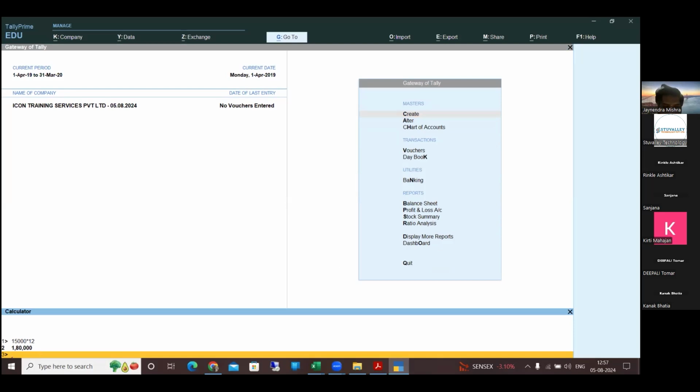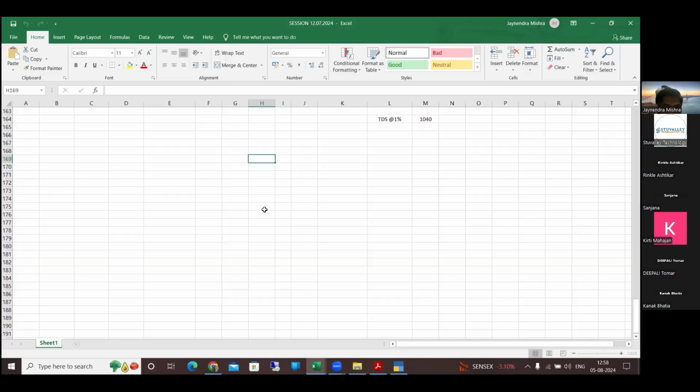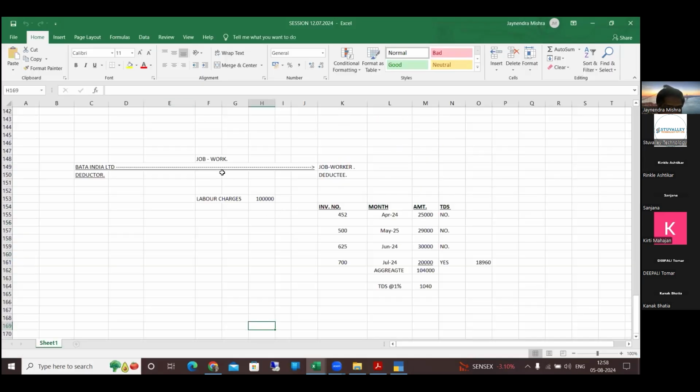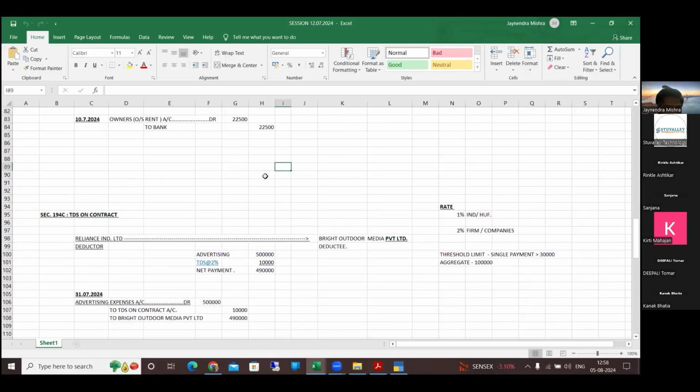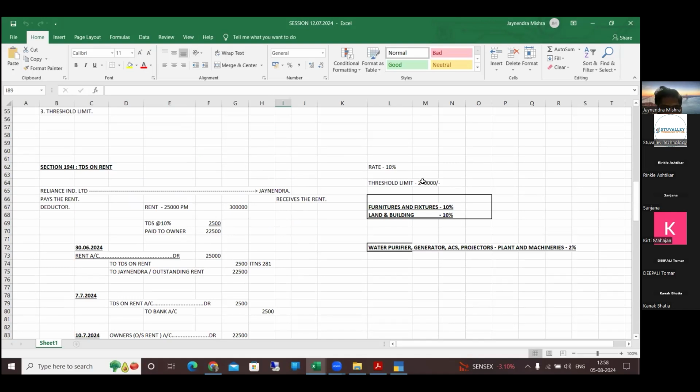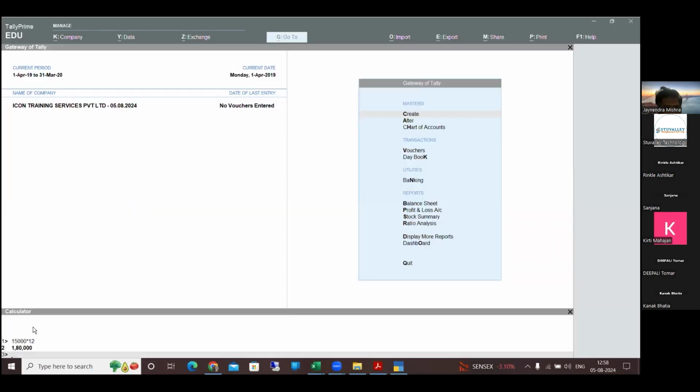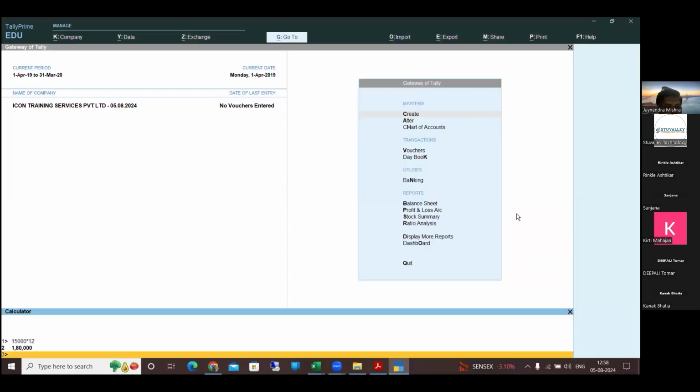And for deducting TDS under section 194I, what was the threshold limit? 2,40,000. Here the rent is only 1,80,000. So are we liable to deduct the TDS? No, friends, TDS is not applicable because 1,80,000 is less than the threshold limit.